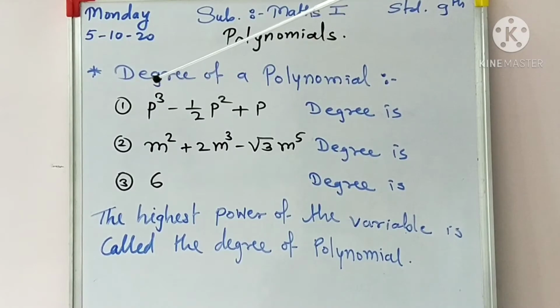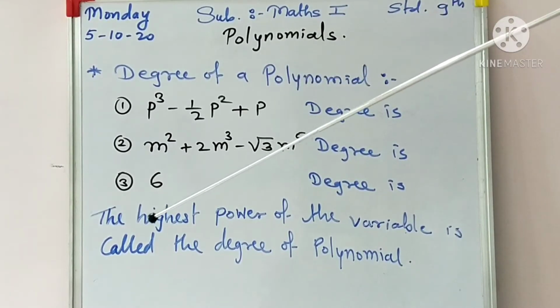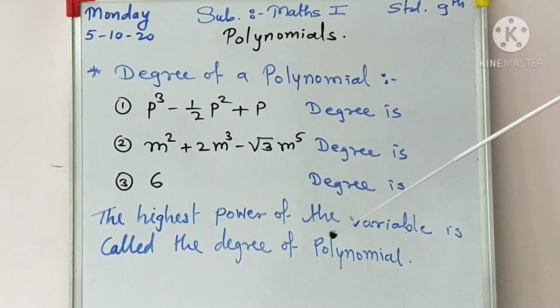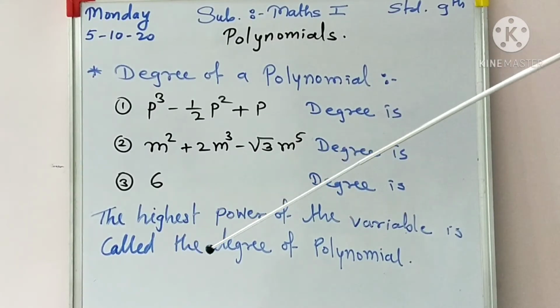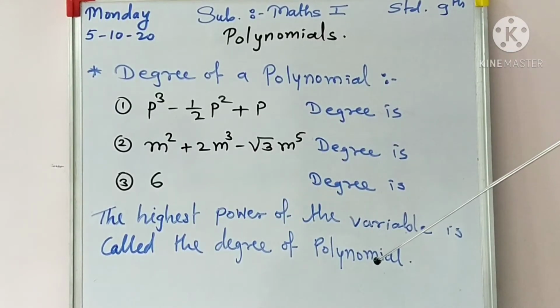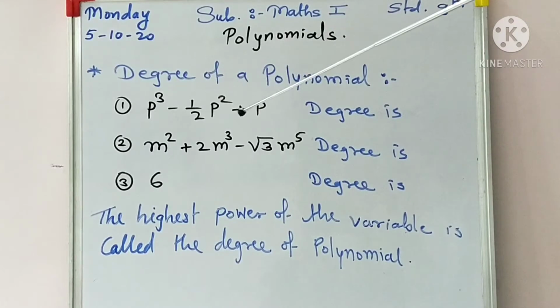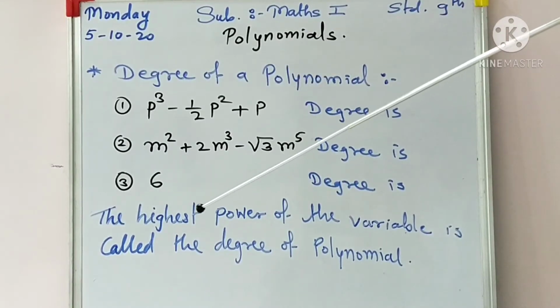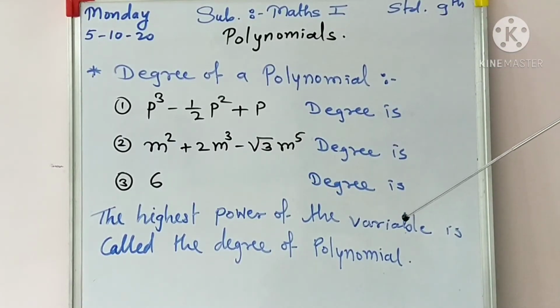Okay, now the next topic is the degree of a polynomial. The definition is: the highest power of the variable is called the degree of the polynomial. As a polynomial has 2, 3 or 4 terms, we find the highest power of the variable.